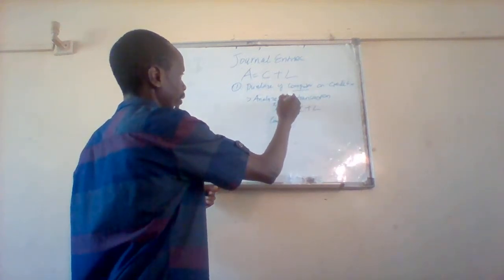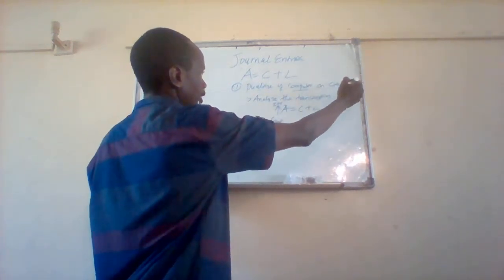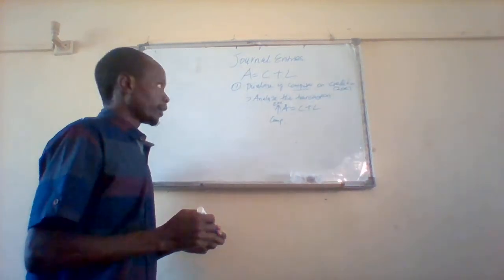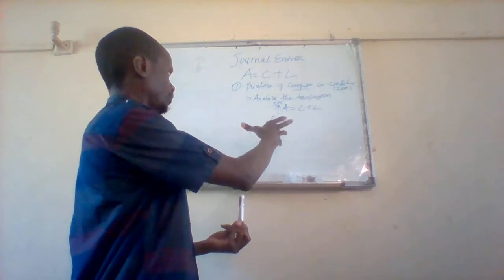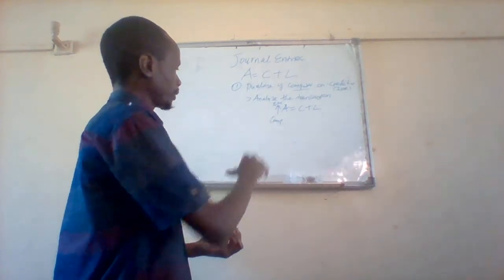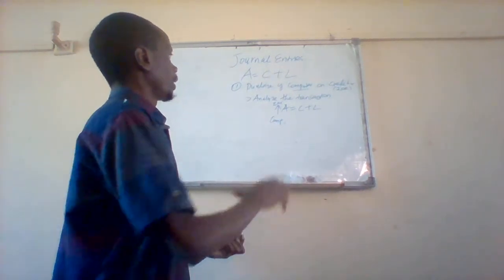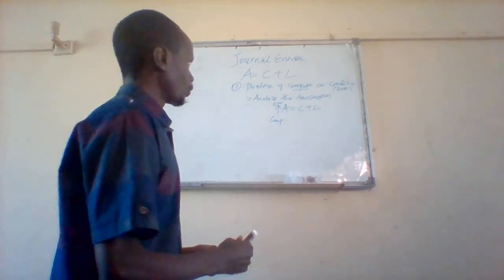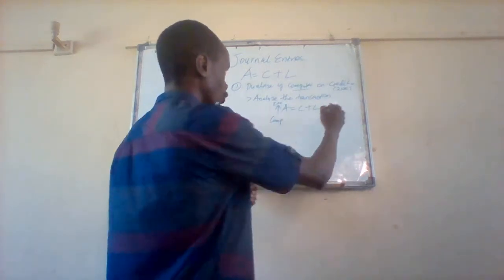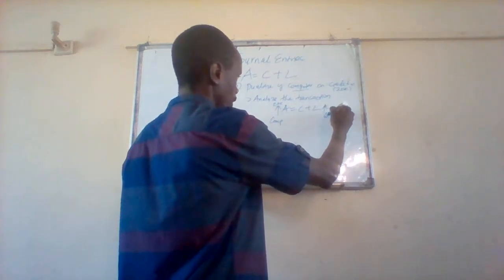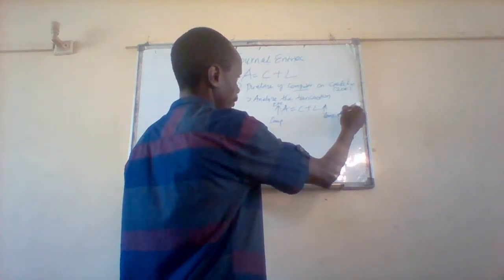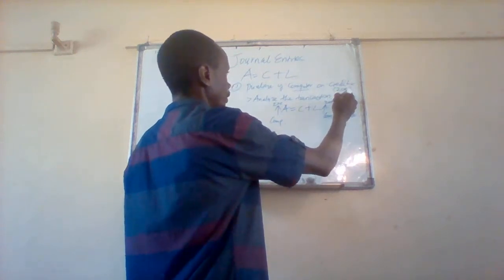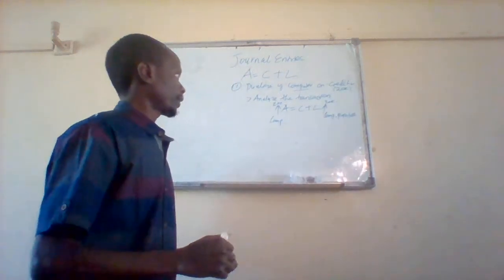This is 20K. Your asset has gone up because you bought a computer, and then your liability has gone up because you have increased your future obligations. So this is computer payable, 20,000.